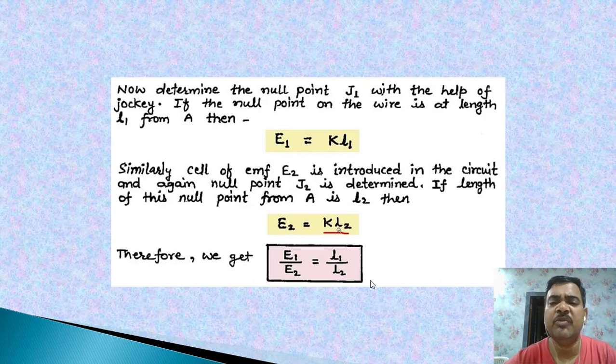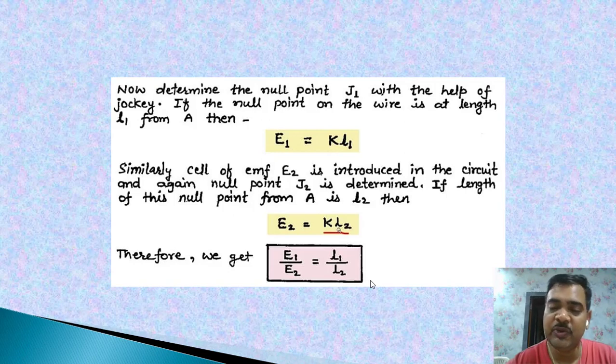Now determine the null point J1 with the help of a jockey. If the null point on the wire is at length L1 from A, then E1 equals KL1. Similarly, the cell of EMF E2 is introduced in the circuit and again null point J2 is determined. If the length of this null point from A is what?